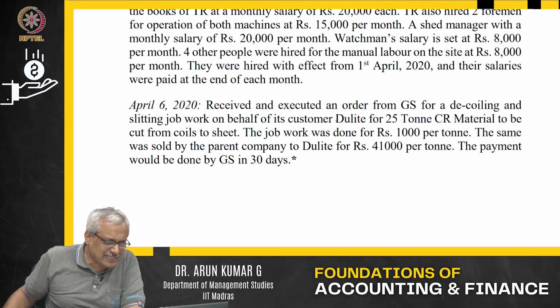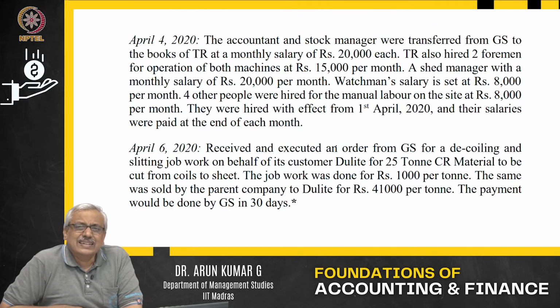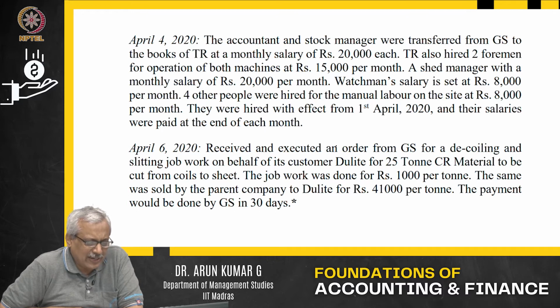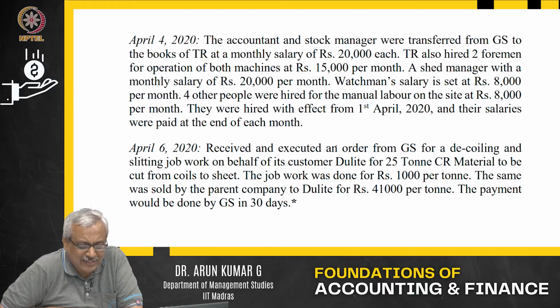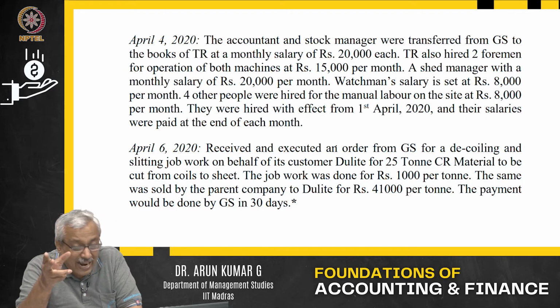Let us go to the 6th of April. Received and executed an order from GS for a decoiling and slitting job work on behalf of its customer Dulite for 25-ton CR material to be cut from coils to sheet. It's a long sentence, don't worry about it. Received and executed: if you have only received the order, it is only a contract, nothing.